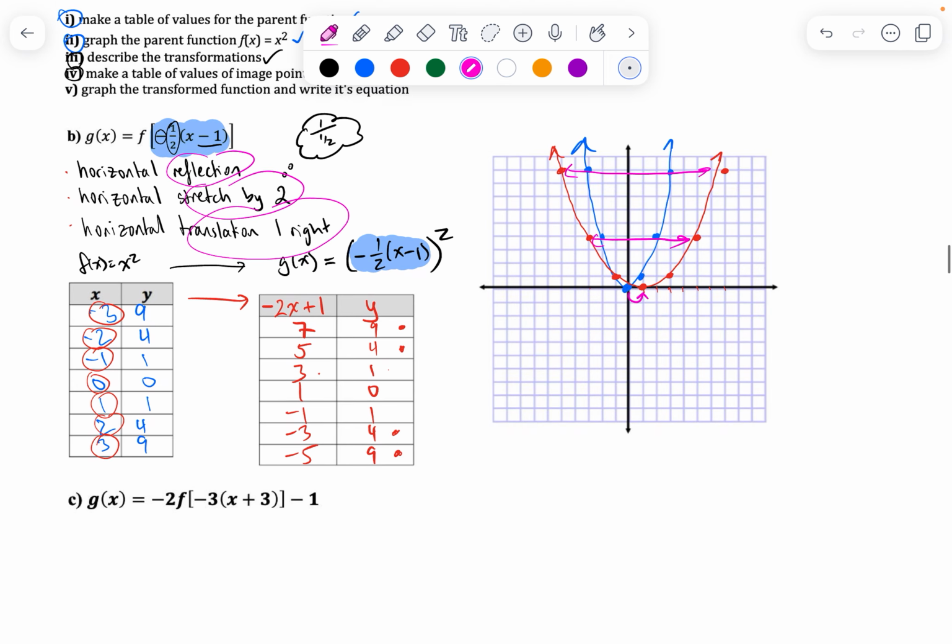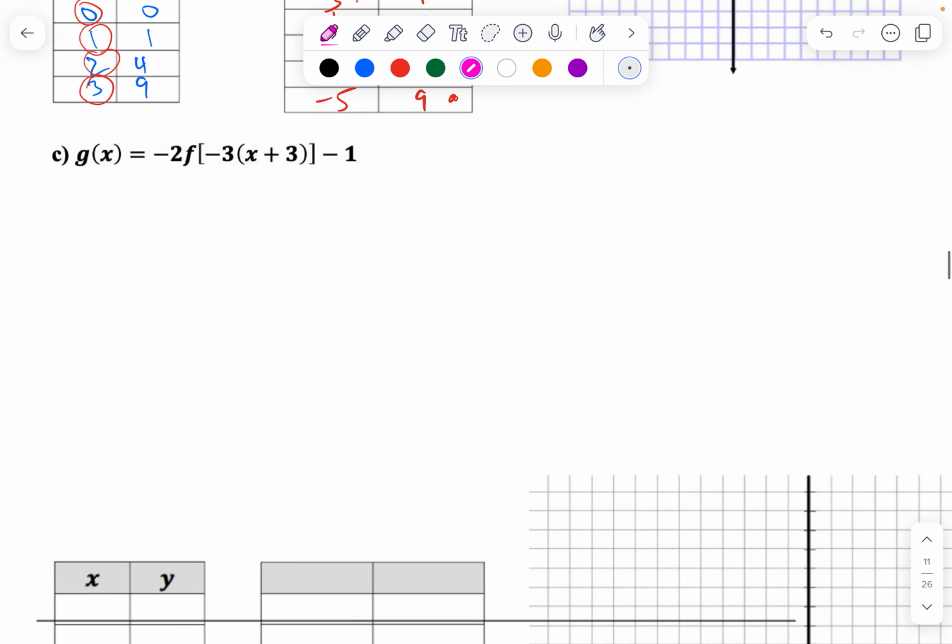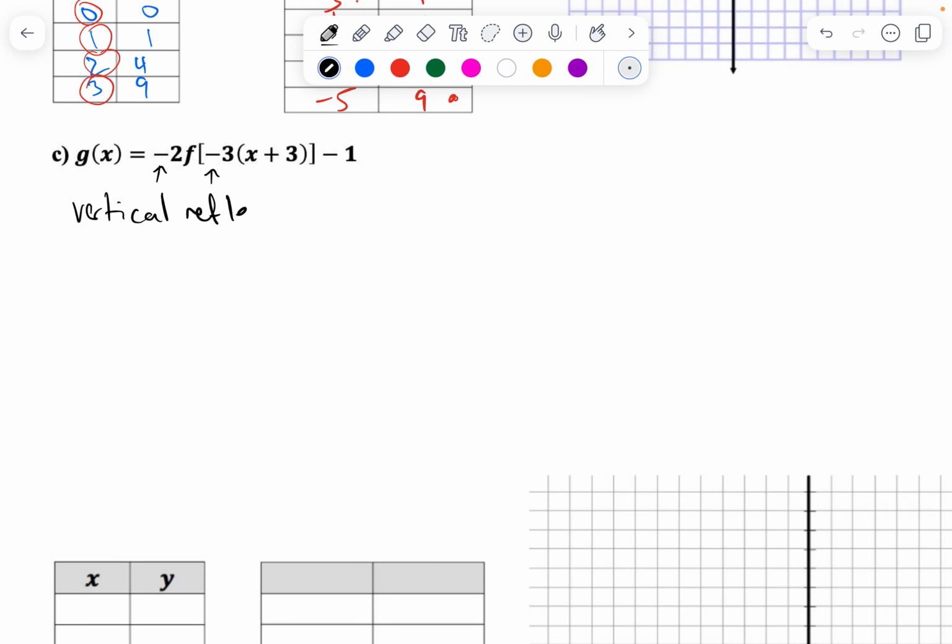Okay. Let's look at this next one to see what's happening. Okay, so vertically, I see, first of all, negatives. So there's vertical reflection and horizontal reflection.